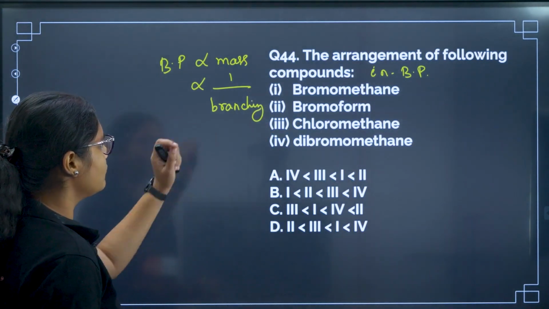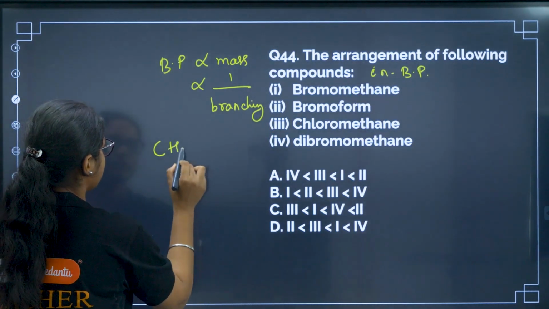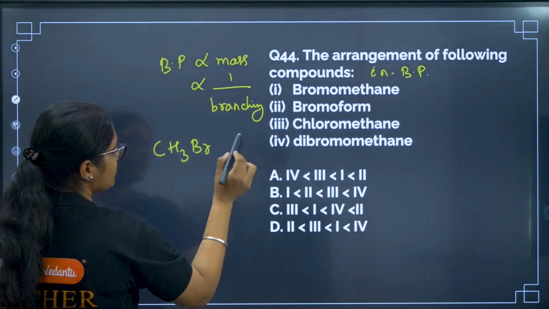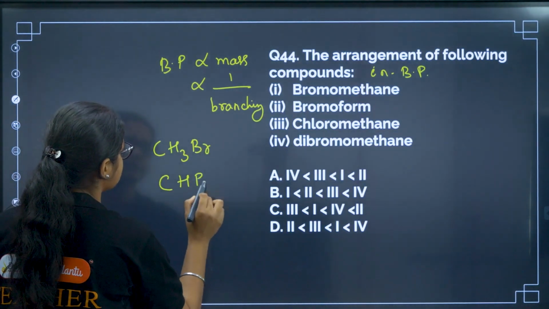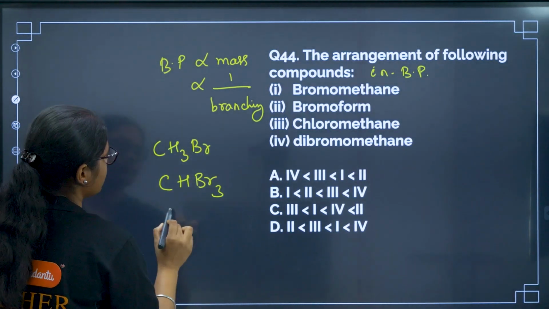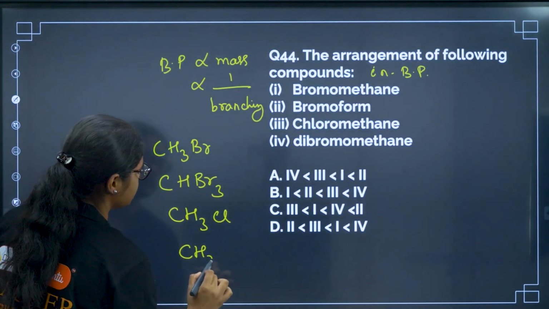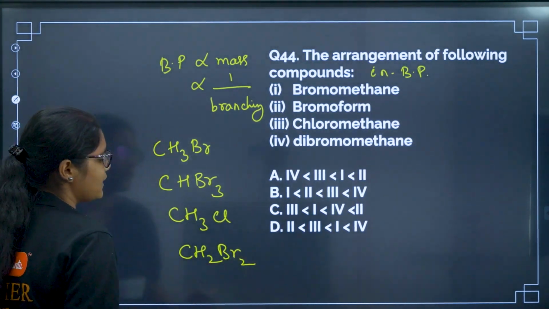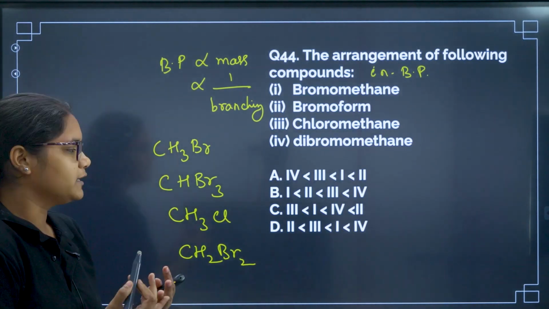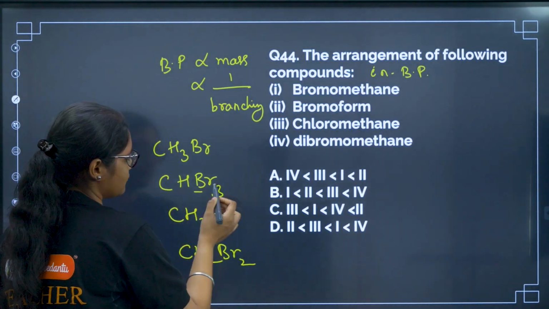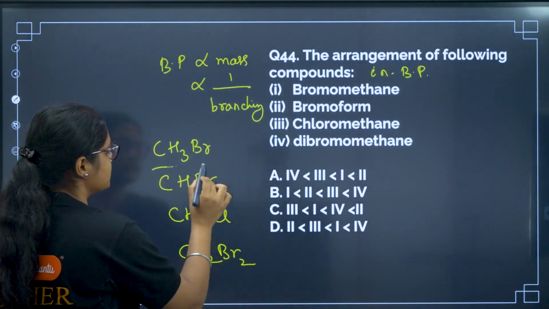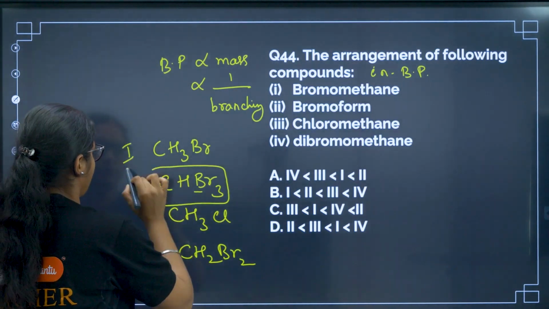So bromomethane formula is CH3Br, bromoform is CHBr3, chloromethane is CH3Cl, dibromomethane is CH2Br2. So as the mass increases, the boiling point will increase. Bromine mass is more. Here we have 3 bromines. So this one will have the maximum boiling point.